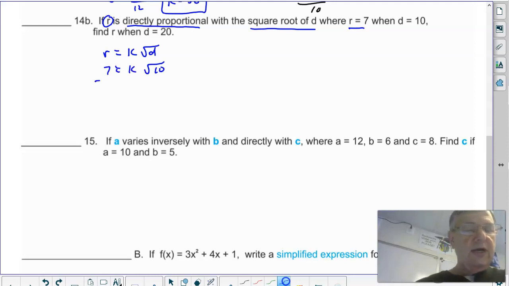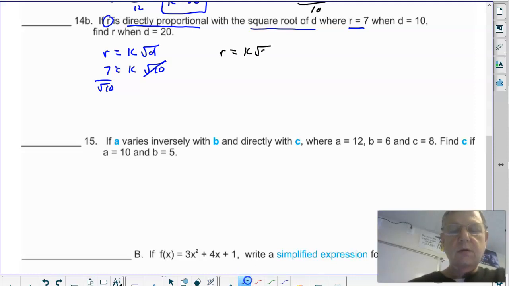So divide both sides by the square root of 10. Now you might say, Mr. Scarfy, you're going to leave a square root in the denominator. We never do that. Well, look, we're not done with the problem. So yeah, I'm going to leave it for now. Maybe it'll go away. All right, so how do you then find the second situation? Same formula. Now what did they tell us?